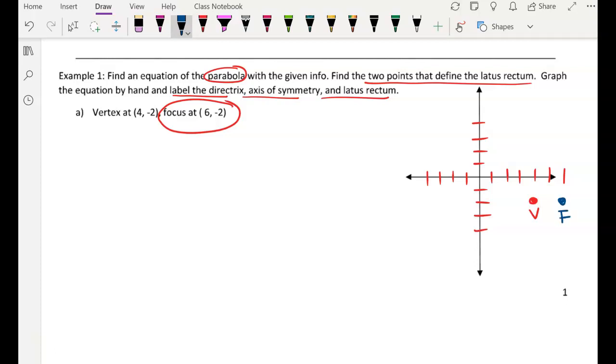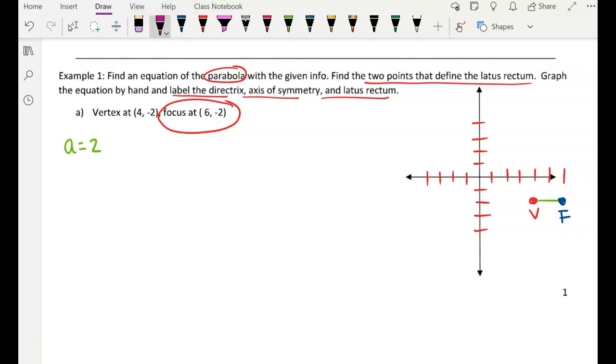And if you guys have already defined the focus and the vertex and the axis of symmetry, then students, the distance from here to here is the a value, okay? So immediately we know the a value will be 2 units long.